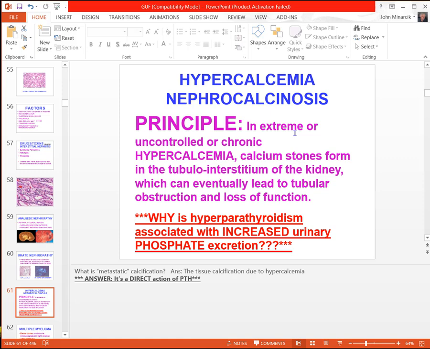Okay, if you have hypercalcemia, some of that calcium is going to form crystals in and around the tubules. But also, with hypercalcemia, you can get increased urinary phosphate as well. And why is that?